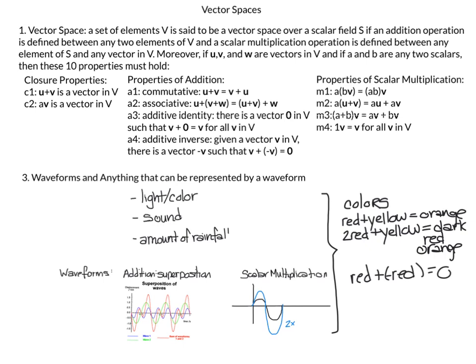That's very easy to do with light, not so much with paints, but if you could subtract out a color, that would be your additive inverse. And you can also convince yourself with scalar multiplication, that's just adding more units. If there's a unit of red, you can add 2 units or 3 units. You'll see these properties will also hold.